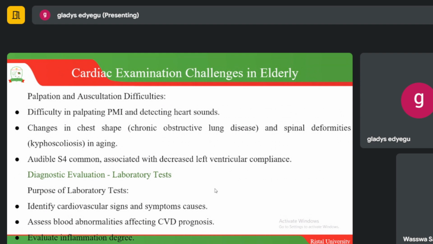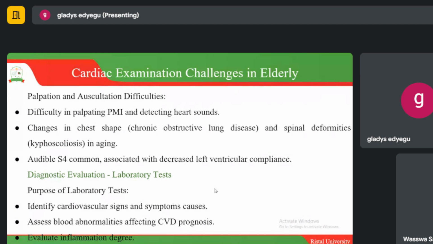You find that the chest is not as broad as that of an adult, so it may be curved and form a kind of curve whereby you cannot access what you need to access. These are deformities of the chest and spine, because you see how old people move.